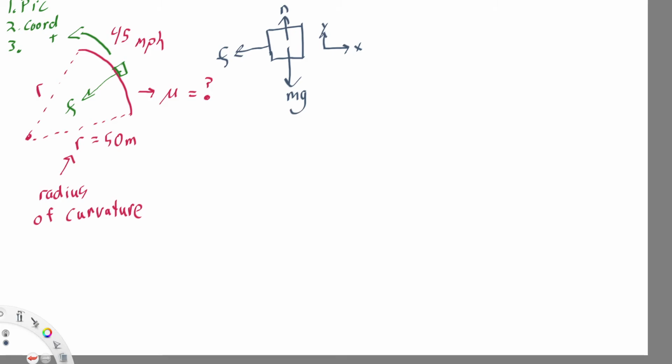Not down into the road. So remember, friction points parallel to a surface. Anyone ever driven on an icy road? If you're trying to make a left turn on an icy road and you haven't got any friction with your tires on the road, what you end up doing is you slide to the right.